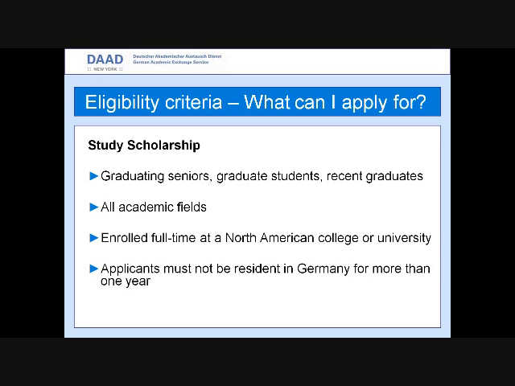And as you can see up top, it's open to graduate students as well, which means if you're already participating in a master's program in Germany and you need funding for your second year, you may apply as well. Now, for any more questions on eligibility for that study scholarship, we have a Q&A period later on.